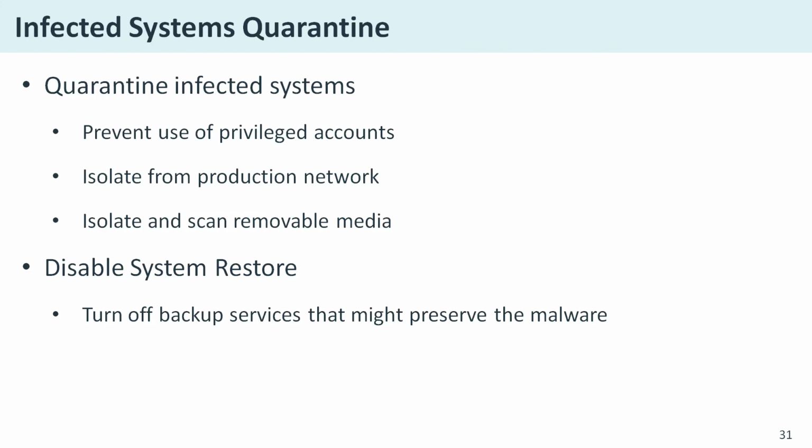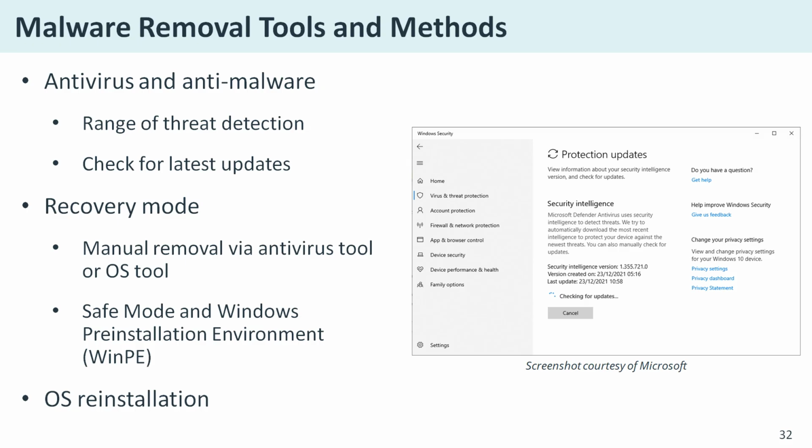Okay, so infected systems: quarantine infected systems, of course. Prevent use of privileged accounts, isolate from production system, isolate, scan, remove, disable system restore. We've explained all these things. Malware removal tools and methods, right? Antivirus is one removal tool, and recovery methods, OS installation. So antivirus and anti-malware you always have to have there.